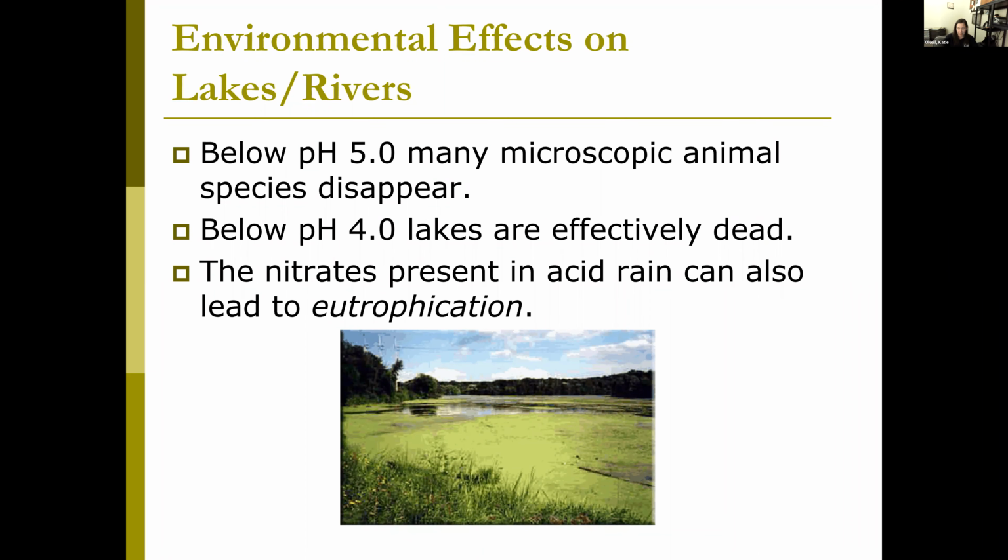But it actually is like too good that the plants become more dense. They grow so much that it chokes up all of the oxygen. Any plant or animal that was in that area can't get any of the oxygen or the nutrients that it needs, and it kind of chokes out any other life. So it's kind of an interesting phenomenon. You might Google it if you have some free time.